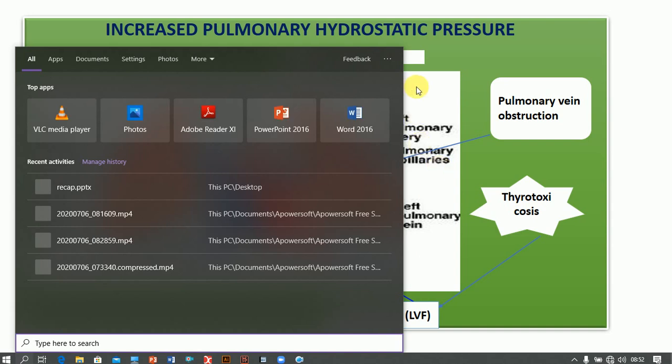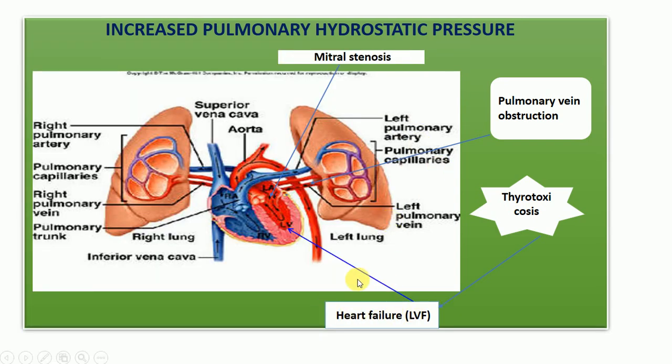What is left ventricular failure? Left ventricular failure or heart failure comes after what we call tachycardia. Tachycardia means rapid heartbeat. So hyperthyroidism will cause a rapid metabolic rate, and therefore will cause rapid heartbeat or tachycardia. The tachycardia is what will cause the left ventricular failure or heart failure. Therefore, heart failure, especially of the left ventricle, will lead to failure of blood to be pumped out to the aorta and go to the other parts of the body.